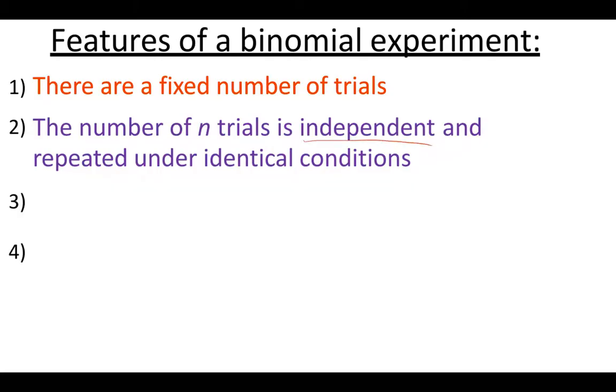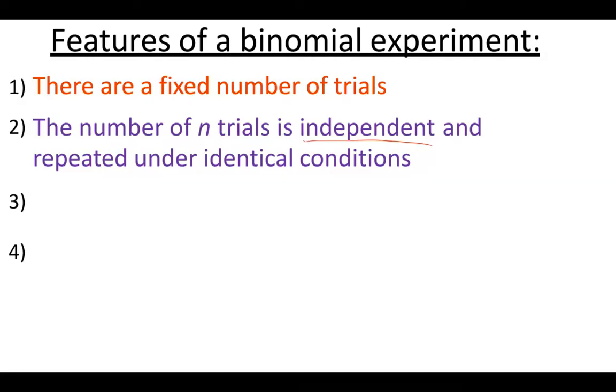Independent, meaning the spin or the coin flip or whatever, the previous one does not affect the next one. So we learned about this in the last chapter, identifying if things are independent or dependent. Dependent things change based on the previous draw or coin flip or whatever. So like if you had a deck of cards and you did not put it back in, that would be dependent. If you put the card back in and reshuffled it, that would be independent.